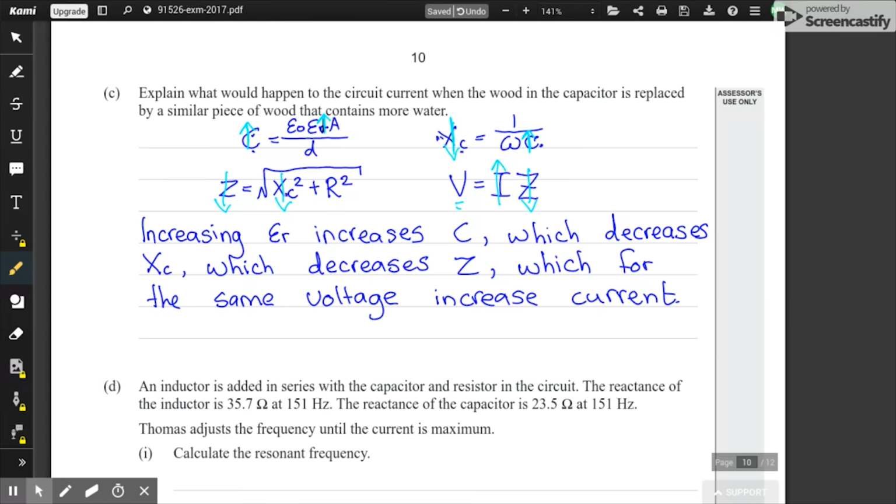And if our reactance decreases, then via this equation, our impedance must also decrease. And lastly, if our impedance is decreasing and we have the same voltage, then our current must increase, which is what I've described here.